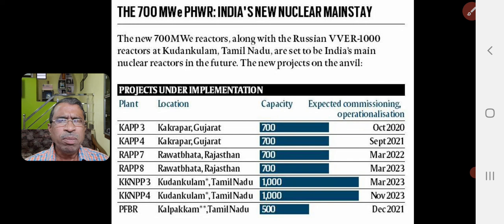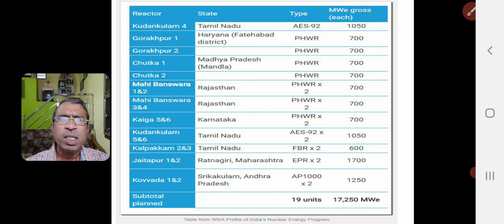Kudankulam in Tamil Nadu, 1000 each, expected to start in 2023. And one more, Kalpakam in Tamil Nadu, about 500 megawatts capacity, expected to start December 2021. So these are the nuclear reactors expected to start in future in India.